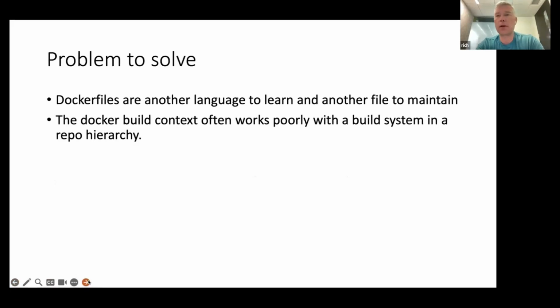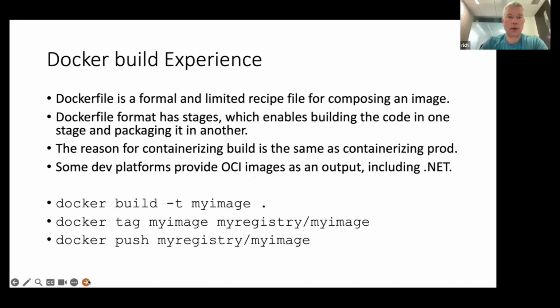The problem to be solved here is that Dockerfile is another language to learn and another file to maintain, and the Docker build context works poorly with development build systems. If we look at these commands at the bottom here, that dot is the build context.